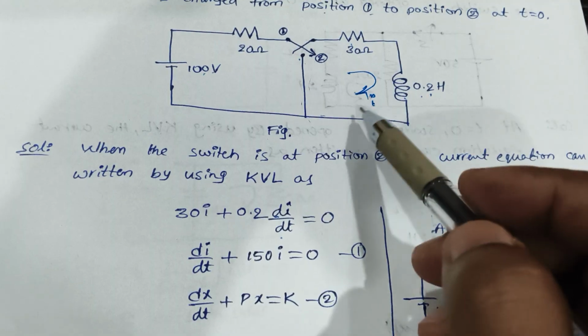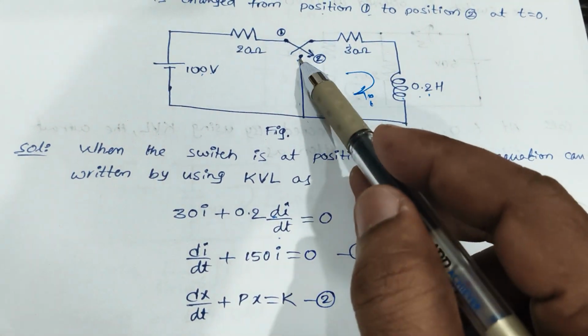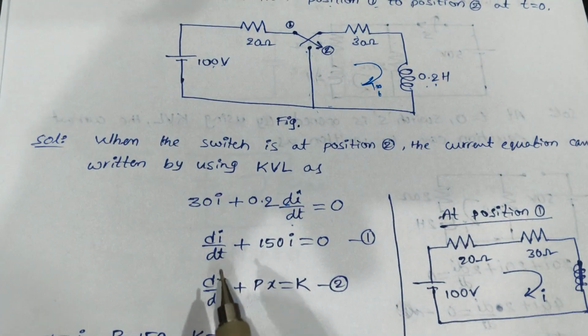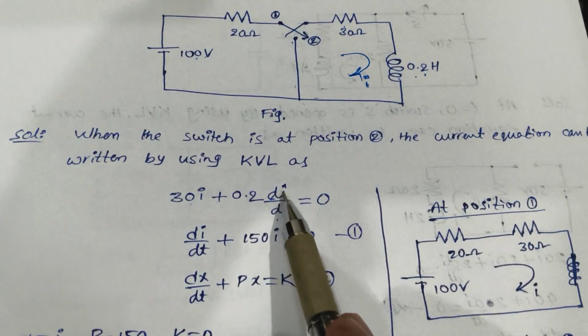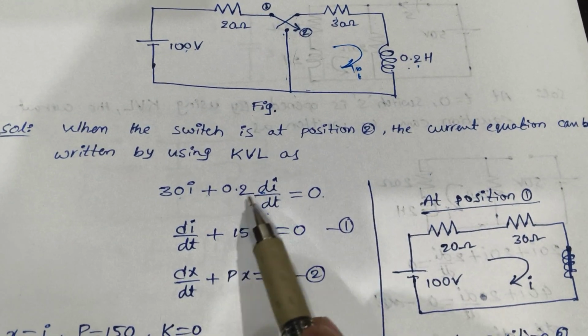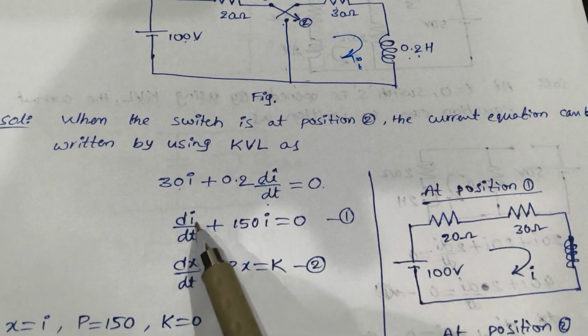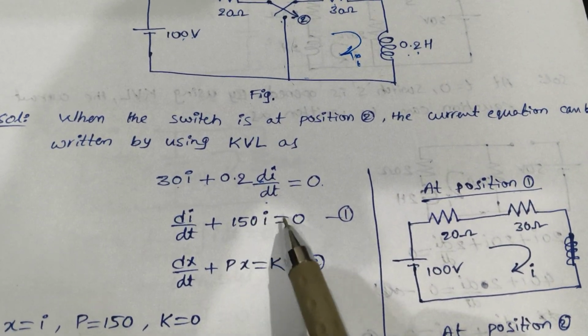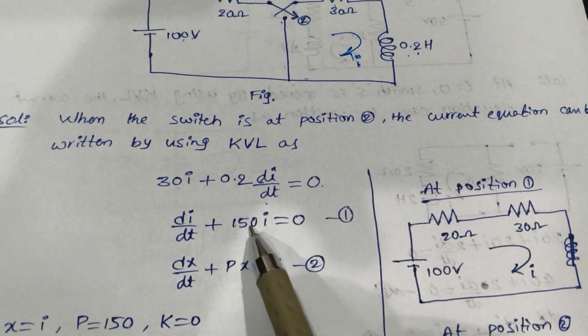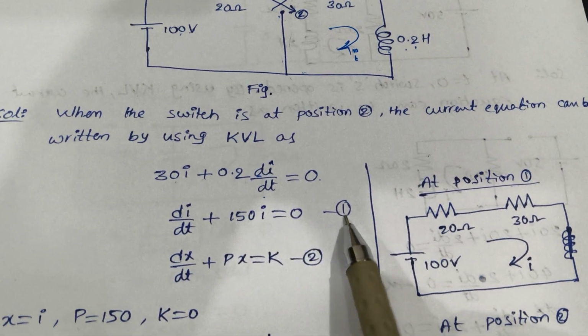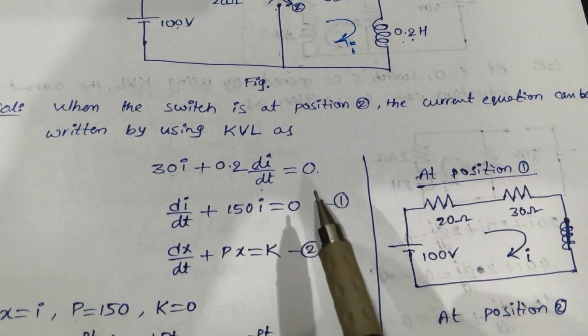By dividing both sides by 0.2, you will get the differential equation as di by dt plus 150 into I is equal to 0, since 30 by 0.2 is equal to 150. So this is your first equation.